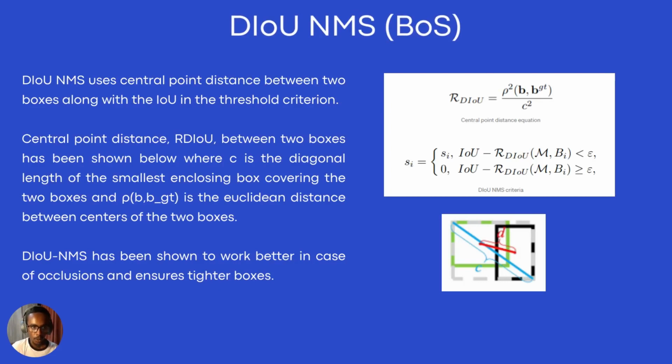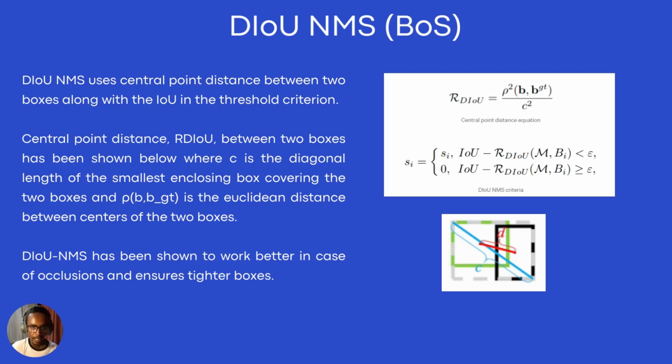Another modification to the soft NMS is finally the DIOU NMS. When we talked about the DIOU loss, we saw the term rho squared divided by c squared, which accounts for the distance between the centers of the boxes and the diagonal of the smallest enclosing box.